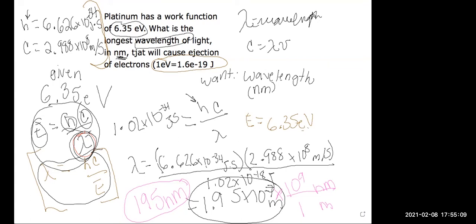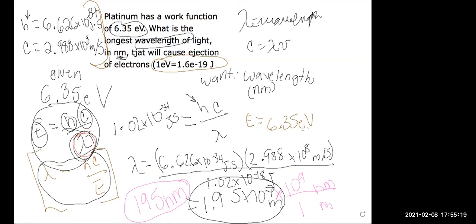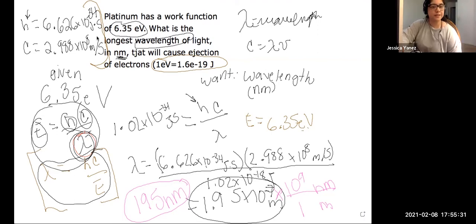So those constants are going to stay the same throughout the questions with wavelengths? Right, Planck's constant always stays the same.